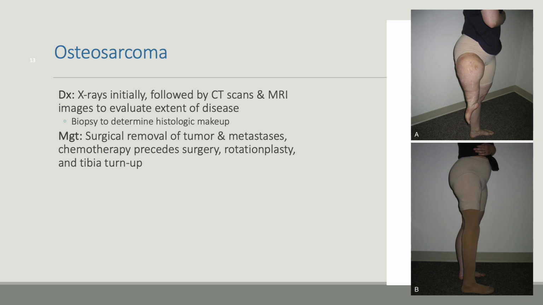Chemotherapy is often administered before surgery to shrink the tumor and reduce the risk of spread. Rotationplasty or tibia turn-up procedures may be considered depending on the location and size of the tumor to preserve limb function. These were both discussed during your homework.